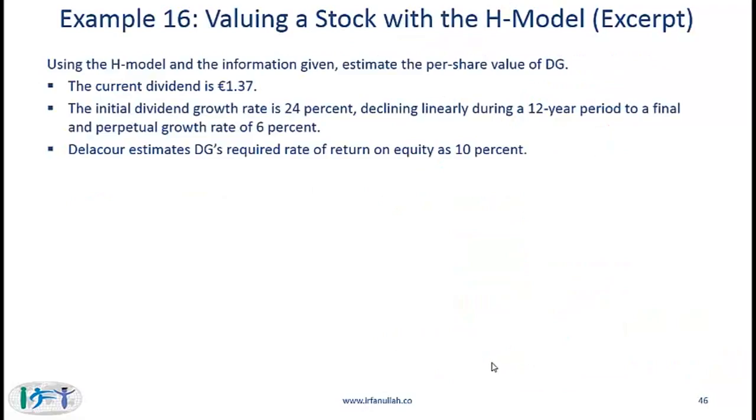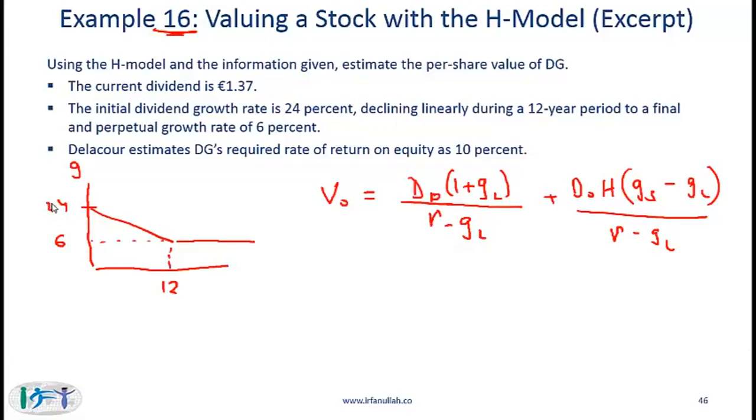All right, now this is an excerpt from example 16. I've just picked the main points. I want you to use the formula that you just learned to come up with the value at time 0 for this firm. So here is how I would like you to do this. Just quickly sketch this picture, which shows an initial growth rate of 24%.